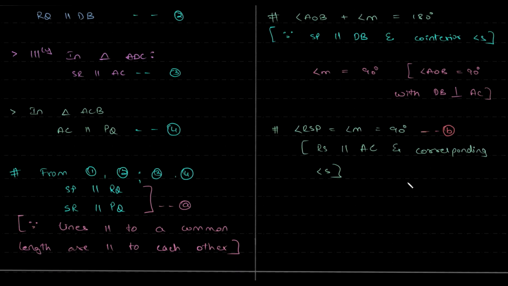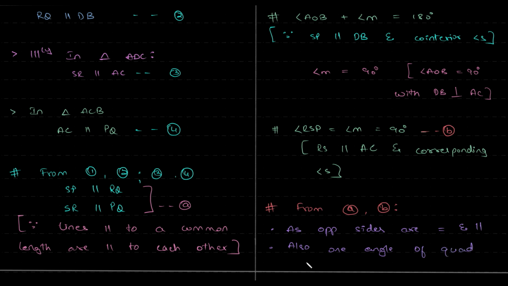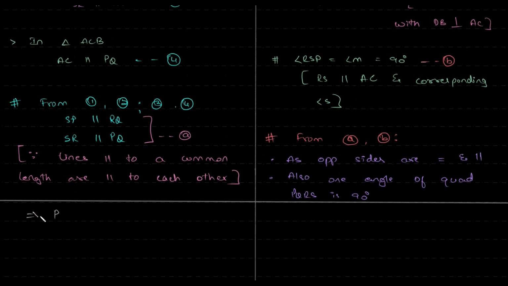Clearly, as the opposite sides are equal and parallel, and also one angle of quadrilateral PQRS is 90 degrees, this implies PQRS is a rectangle.